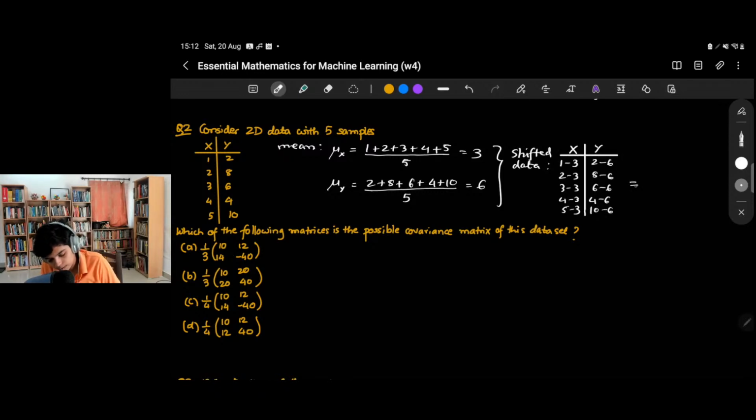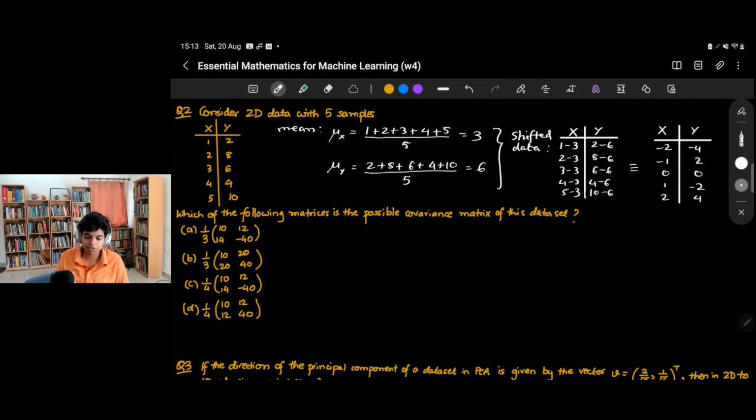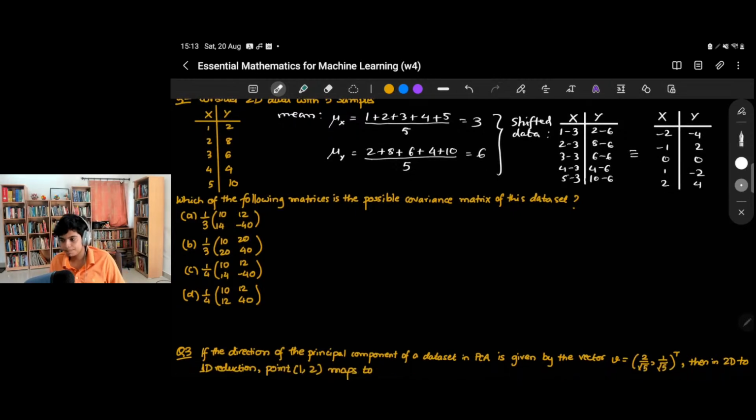So this is, let us just write it down again, the actual values. So 1 minus 3, that means negative 2, then negative 1, 0, 1, 2, negative 4, 2, 0, negative 2, and 4. So this is the data which is shifted by the mean. And then the data matrix.